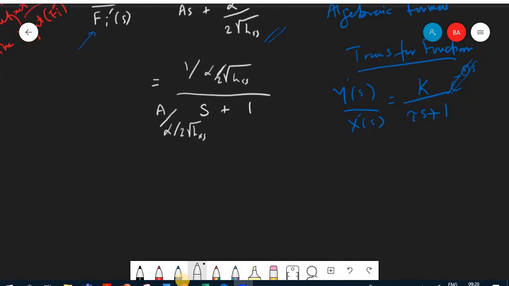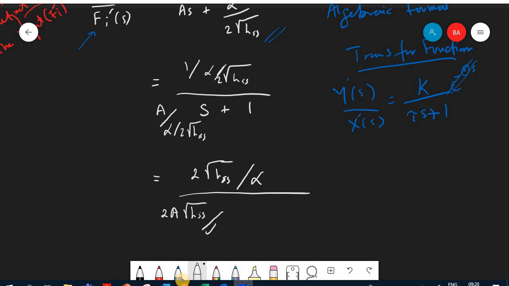Okay, so I have two terms here, and I'll just take this to the top to make it better. So this will look like 2 into the square root of height at steady state divided by alpha, and here it will be 2 multiplied by area into the square root of height at steady state divided by alpha into s plus 1.